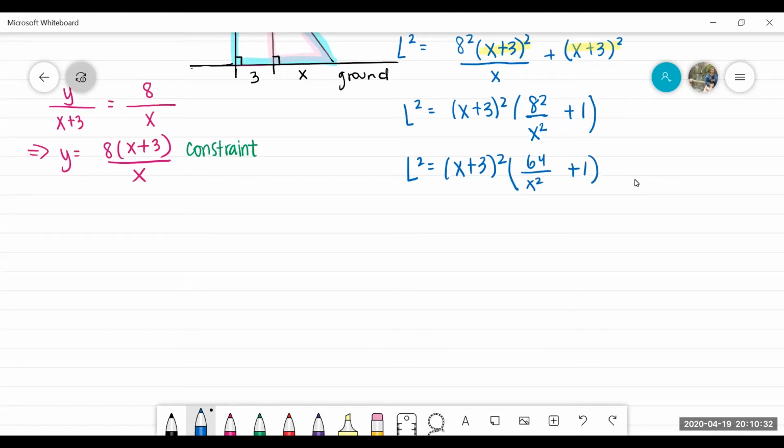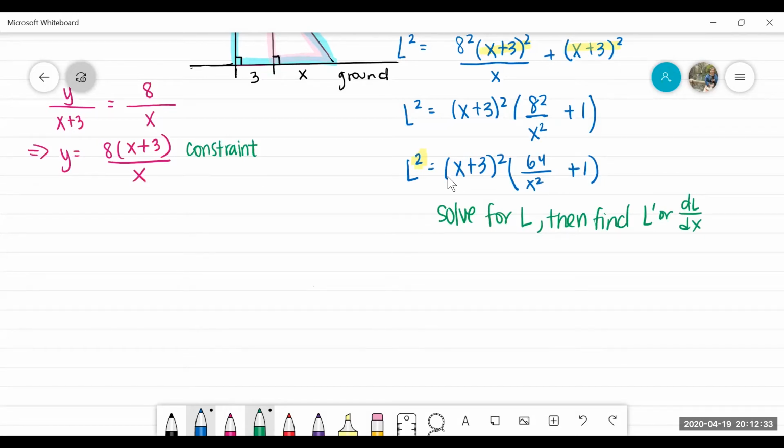Okay, so we want to start thinking about what those critical points are. You might pause for a moment and think this is kind of weird, right? How do we move forward finding a critical number with that L squared there? Normally what we would do is solve for L, then find L prime or dL/dx.